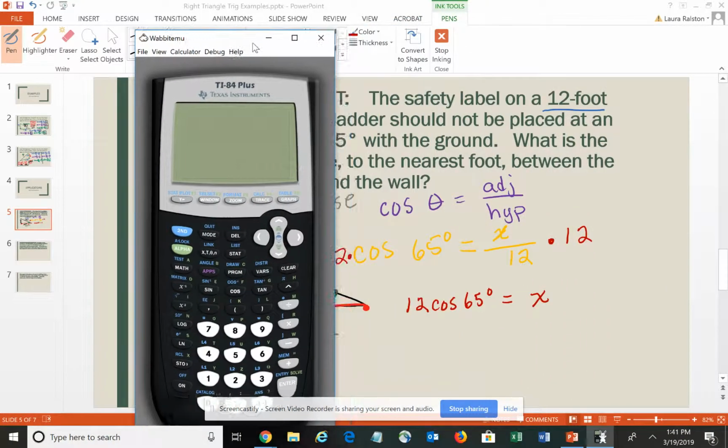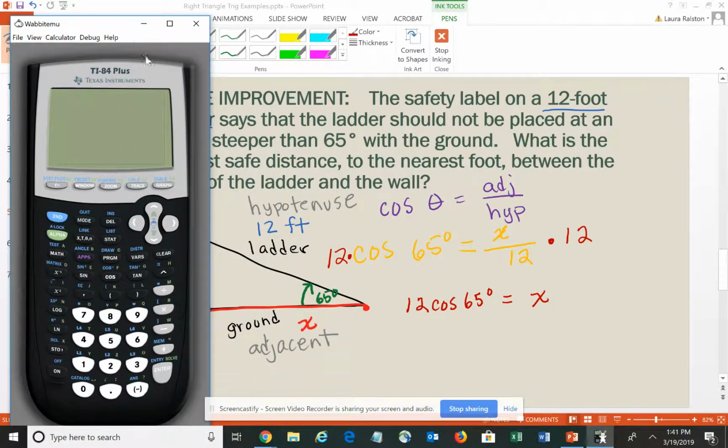And a couple of things as you begin thinking about using your calculator here. First thing you want to do is make sure that your calculator is in degree mode. The measurement of the angle is in degrees. So I'm going to press the button on the calculator near the blue second button at the top that says mode.